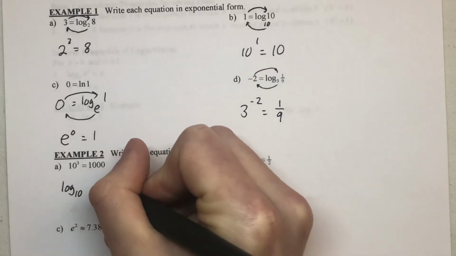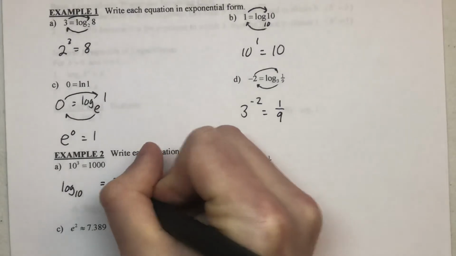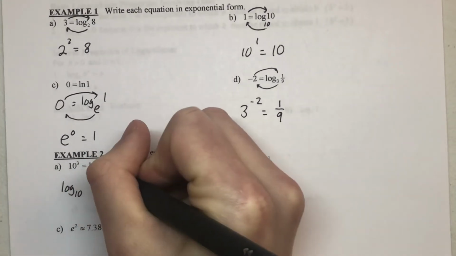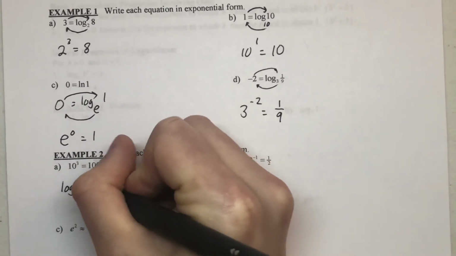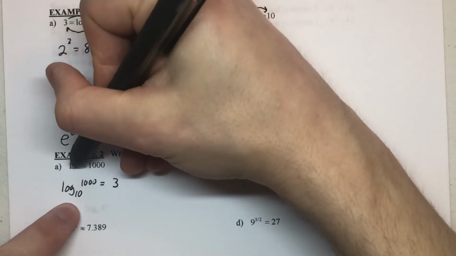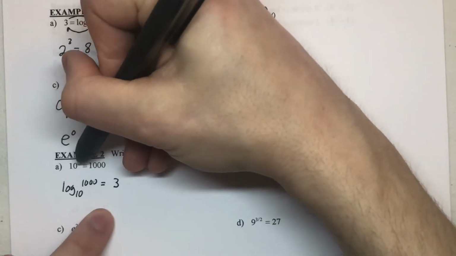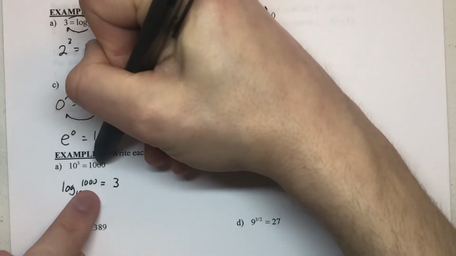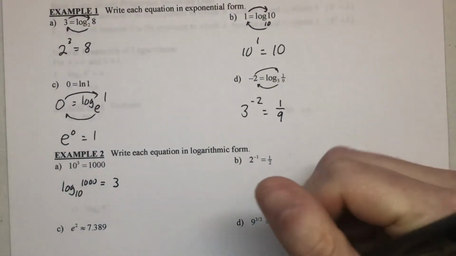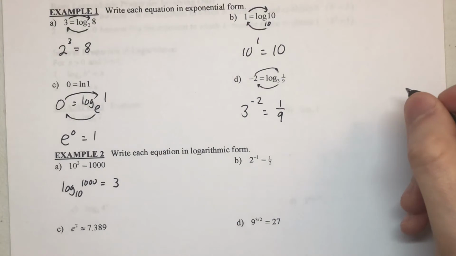Now to the, so the thing that goes on the other side of the equal sign is supposed to be the 3, and then equals the thing you get on the other side of the equal sign, 1,000. So again, I'm using the cycle, but in reverse, where as I read this, I follow through the cycle. 10 to the third equals 1,000. And that gets me back to the logarithmic form, log base 10 of 1,000 equals 3.